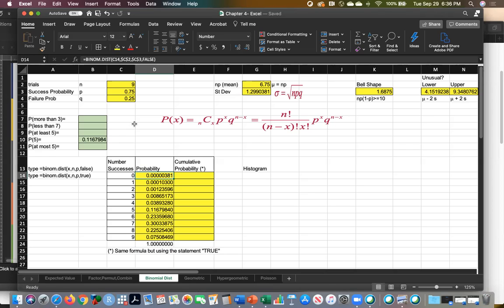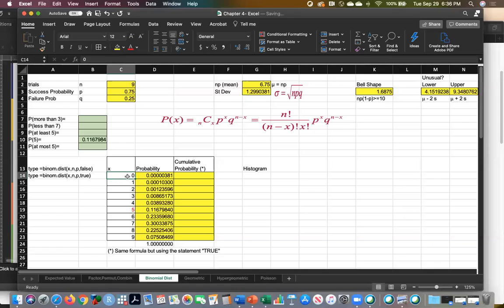My point is I was looking for the probability of 5, and the probability of 5 is exactly the one that I computed here using the Excel function. The question is also, what are the values that my random variable is going to take?